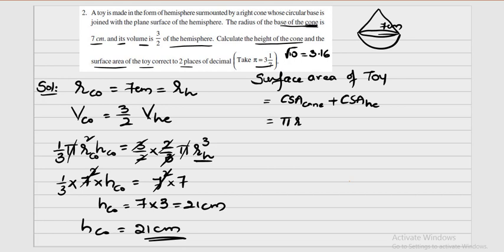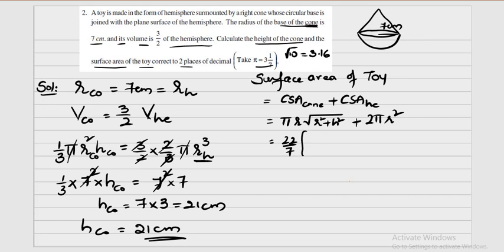Pi r into root over, since we don't know the slant height directly, I am going with root over h square plus r square. So this is pi r root of r square plus h square, plus the CSA of the hemisphere, which is 2 pi r square. So when I substitute the values, pi is 22 by 7, no? I can take common from both the things.